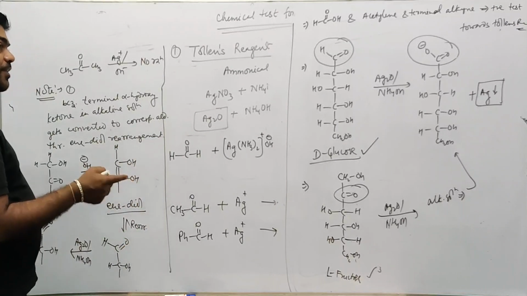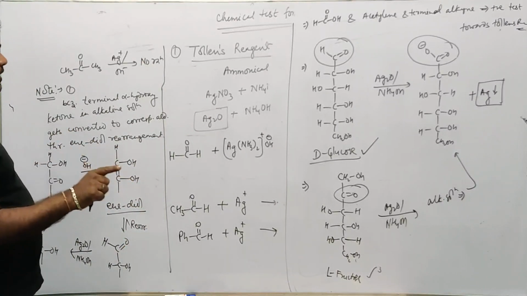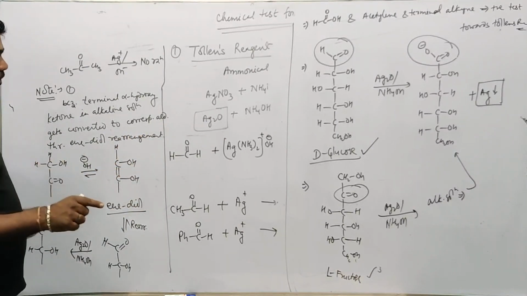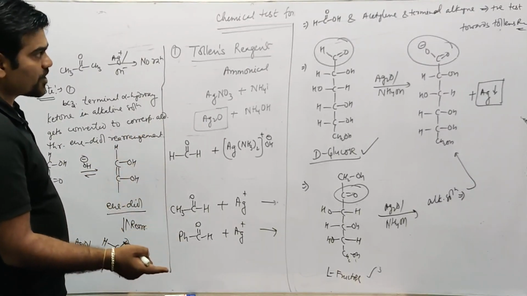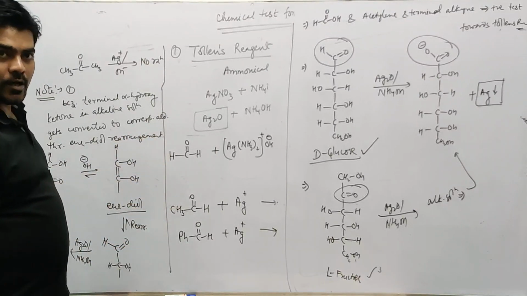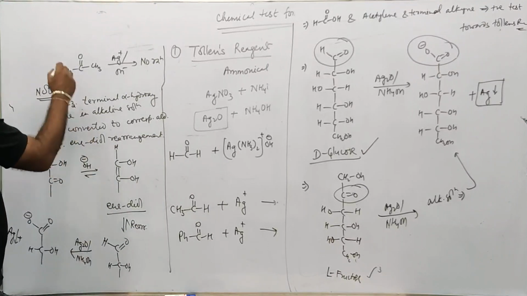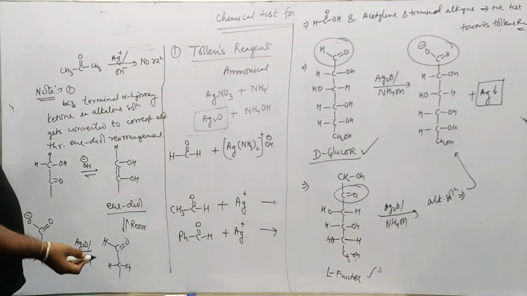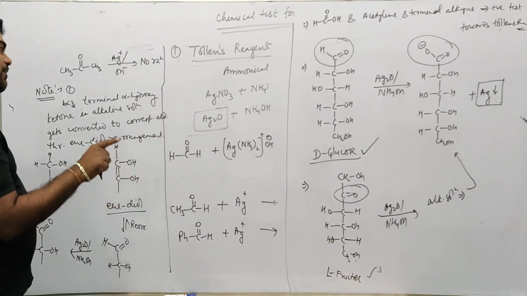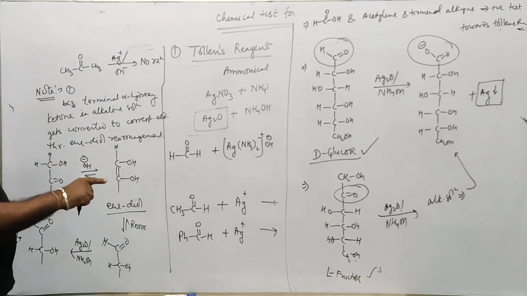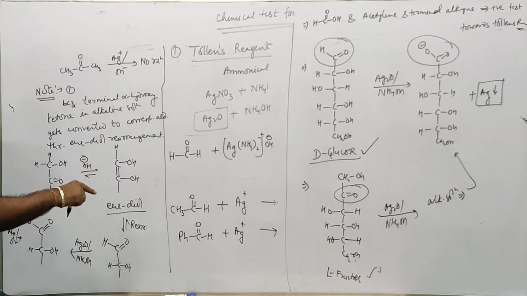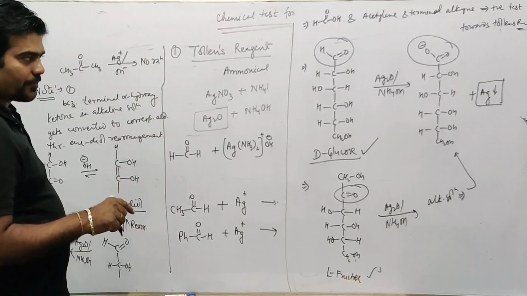But a sugar where the first carbon is in the form of acetal, as we have discussed, acetals are stable in alkaline solution and they will not respond to this test positively because that acetal cannot be converted to aldehyde. So any sugar where the first carbon is in the form of a hemiacetal will respond to this test positively, no matter whether it is a monosaccharide or oligosaccharide.